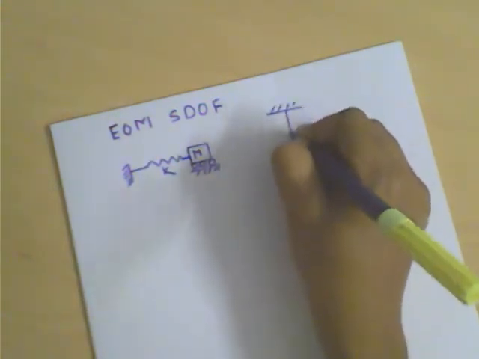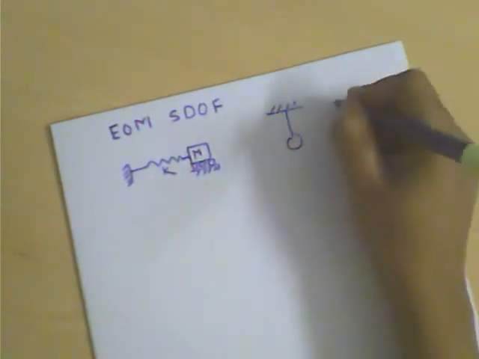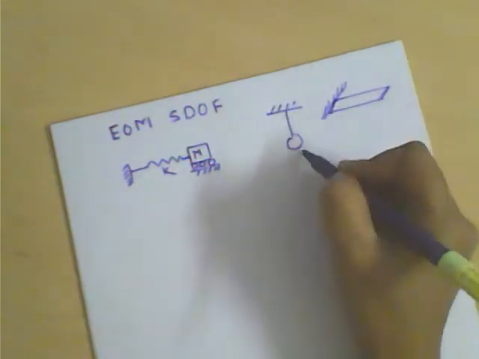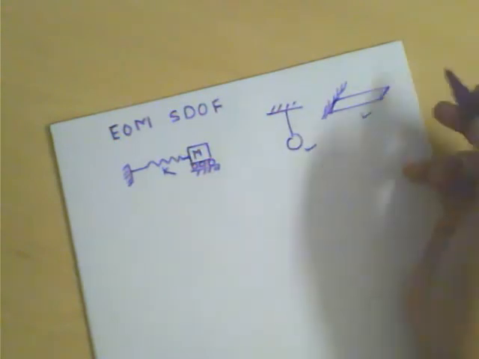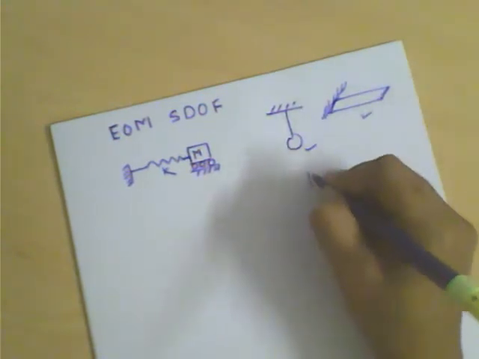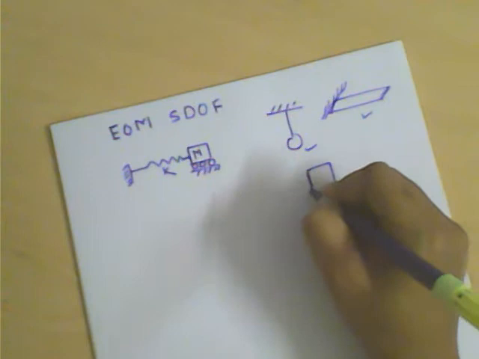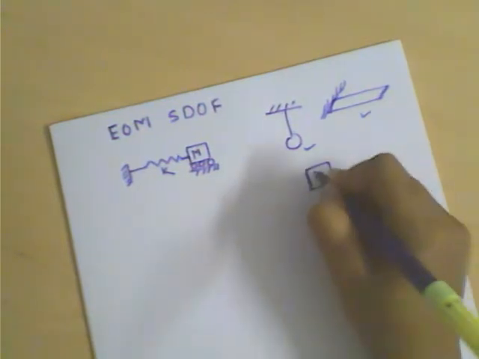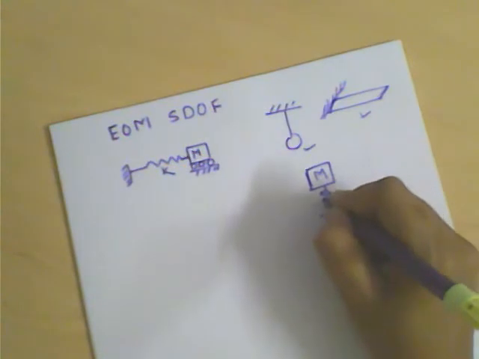Something like this, which is a pendulum, or something like this, which is a beam attached to a fixed end. It can be this or any other system. For example, you can even approximate a washing machine in this fashion, as a mass and a simple spring.